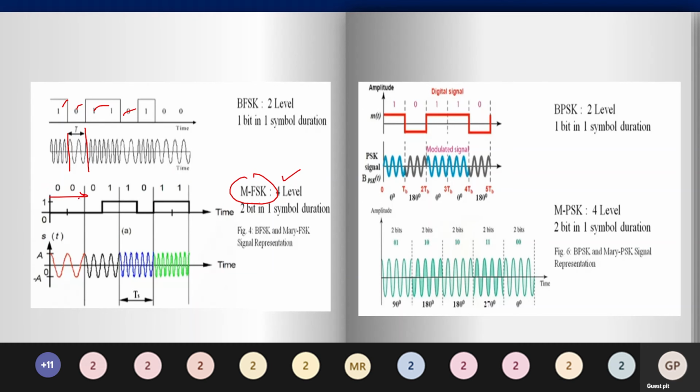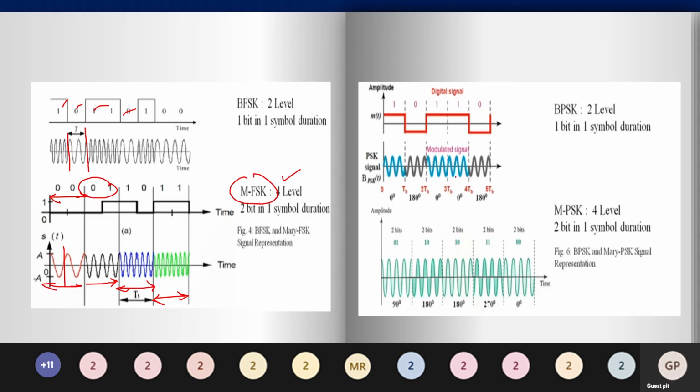For a single data bit we got one carrier, but here 0, 1 has been grouped into a single symbol, and for that you have to use a separate carrier. So 4 different types of carriers are used for a 4-level M-ary FSK. For 4-FSK we have used 4 different types of carrier, as you can see in this diagram. So that's the same concept here as well.